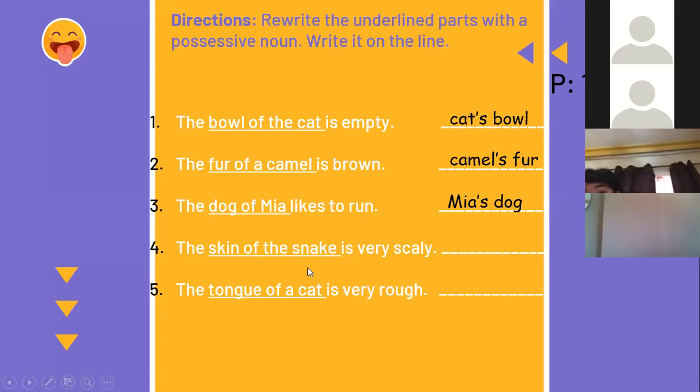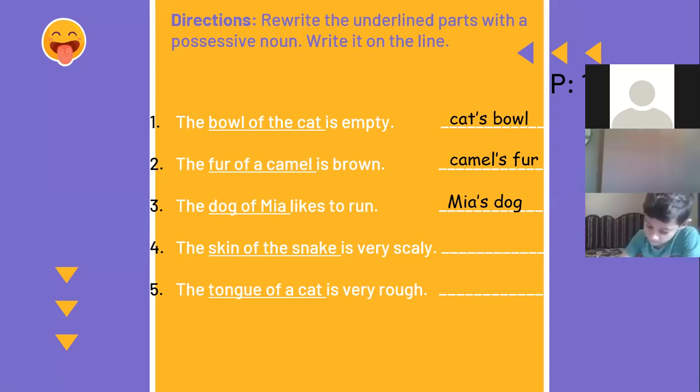Sensrur, number 4. Okay. The skin of the snake is very scaly.